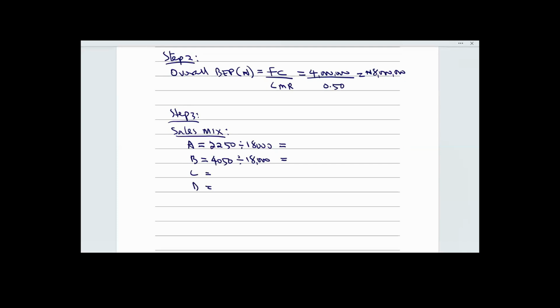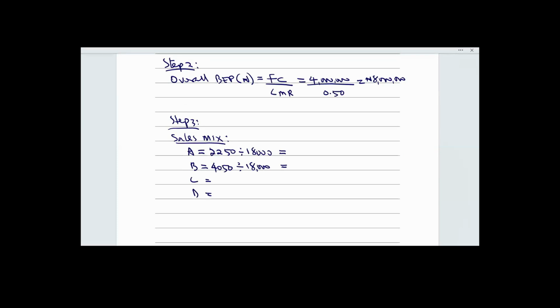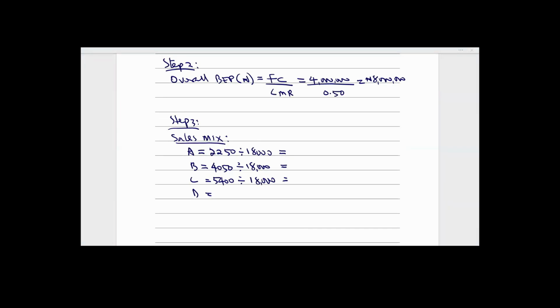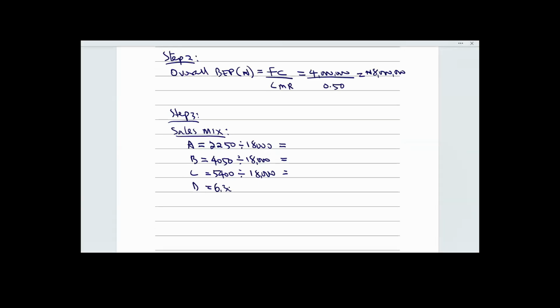For product C, sales of product C is 5,400, divided by total sales for the company. Then product D, 6,300, divided by 18,000. So what do we have here?